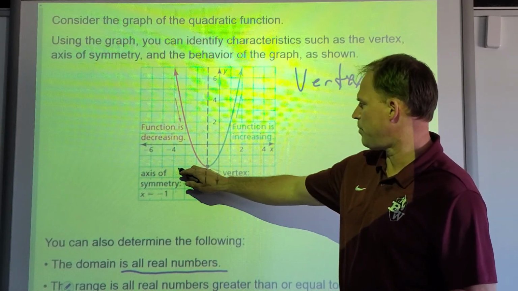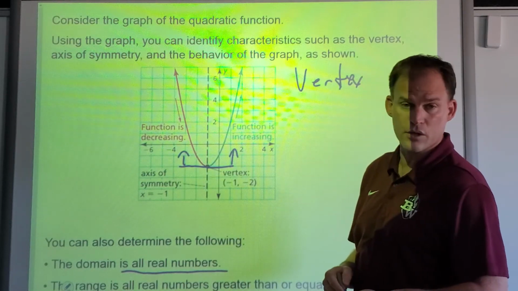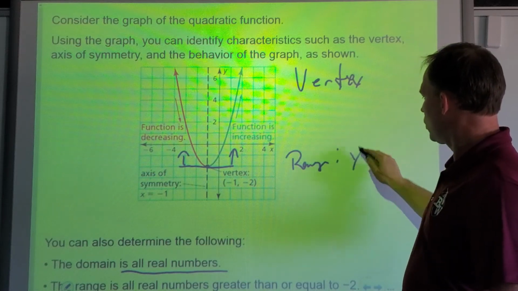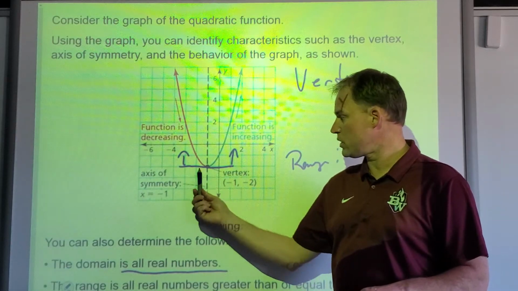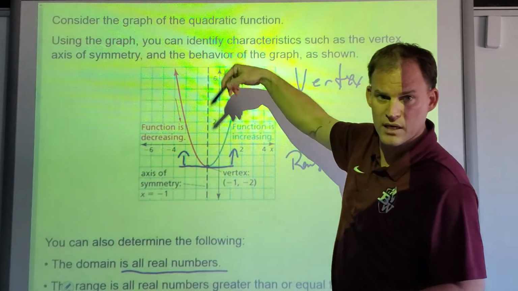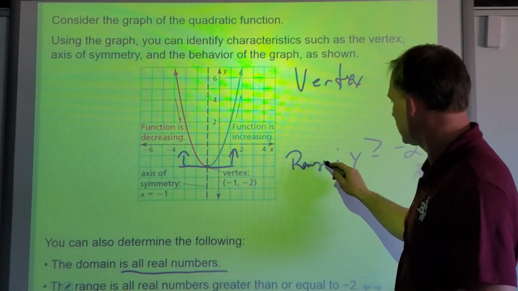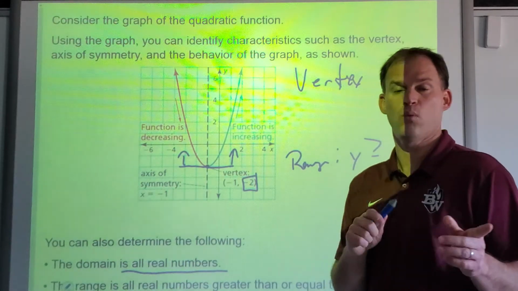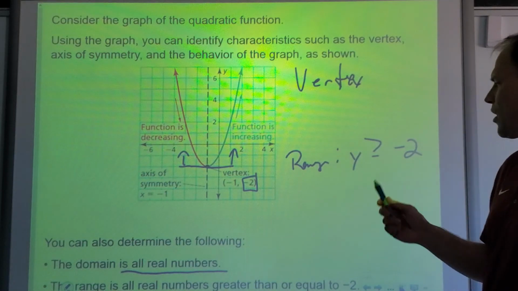So here is the bottom of my function. It's going to be anywhere up here. So I would say the range is greater than or equal to -2. Because right here at -2 is the bottom value of my function. It could be higher. That's where the graph lives. It will not live below that line. Notice there's a connection from your range and your vertex, that y coordinate of your vertex. There's a connection.